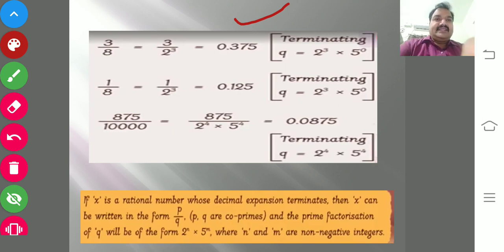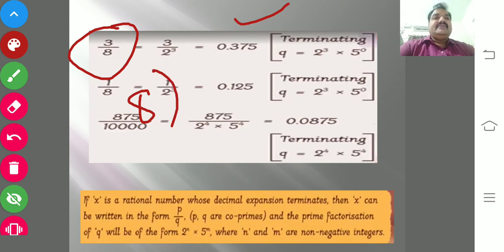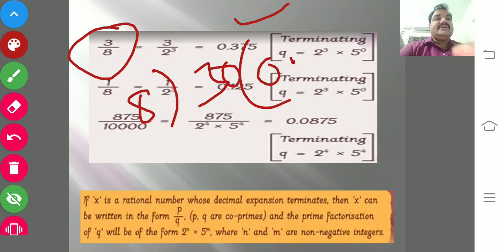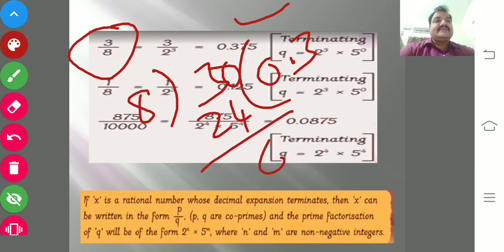Shall we go with that? 3 by 8 means 3 is going to be divided by 8. 3 is the smaller number, so you divide by 8: keep the point, you get a 0. 8 3s are 24, so the remainder is 6. Now add a 0, and 8 7s are 56.